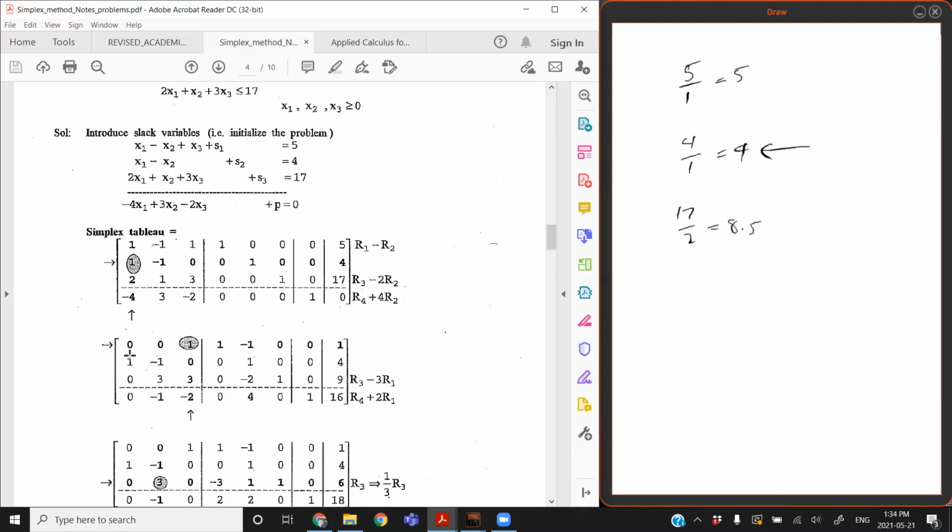So I need to do R1 minus R2 to get a 0 here, R3 minus 2R2 to get a 0 here, and R4 plus 4R2 to get a 0 here. And of course, I do these things for all the rows, for all the columns, and I will get this. Is it clear?